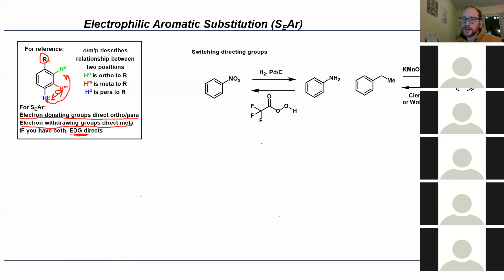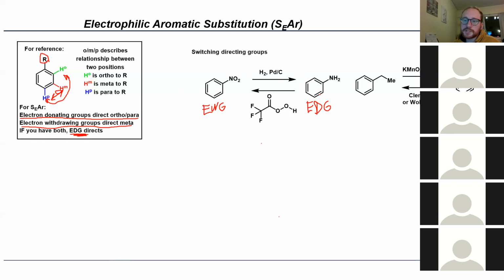And so classic ways to do this are if you take a nitro group and you can reduce it with hydrogen gas and palladium on charcoal, you can get to the aniline. So this is electron withdrawing, and this is electron donating. And this is a reduction reaction.